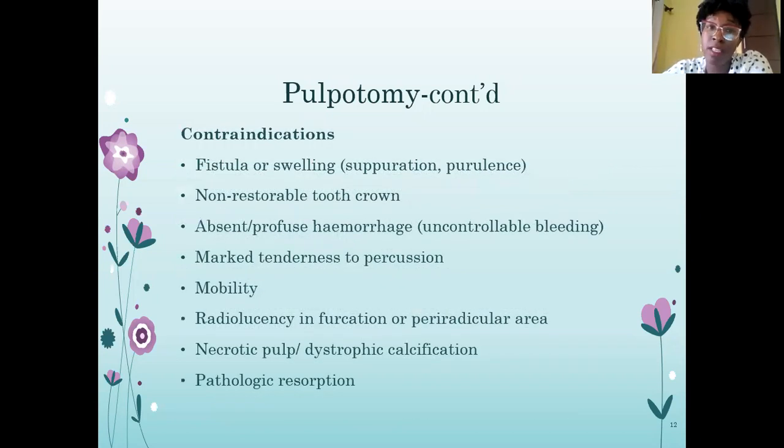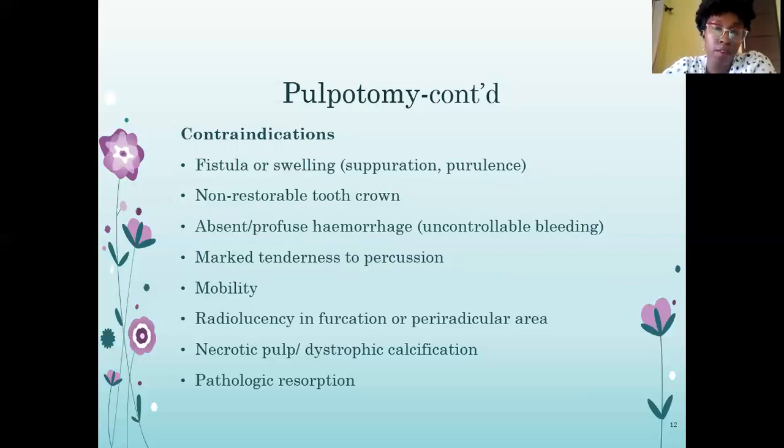What are the contraindications? I think these are even more important to take note of than the indications, because a lot of the time we're looking at whether to do a pulpotomy or a pulpectomy, but typically these contraindications will help you rule out what you should not be getting into.